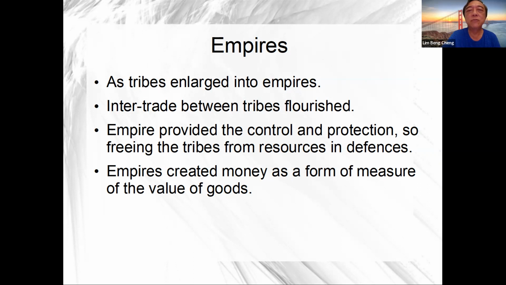So in order to do that, this empire will have to create something called money. It's a form of measure for the value of goods. The market will decide. If everybody agrees that one chicken is worth maybe 10 coins, then it's 10 coins.